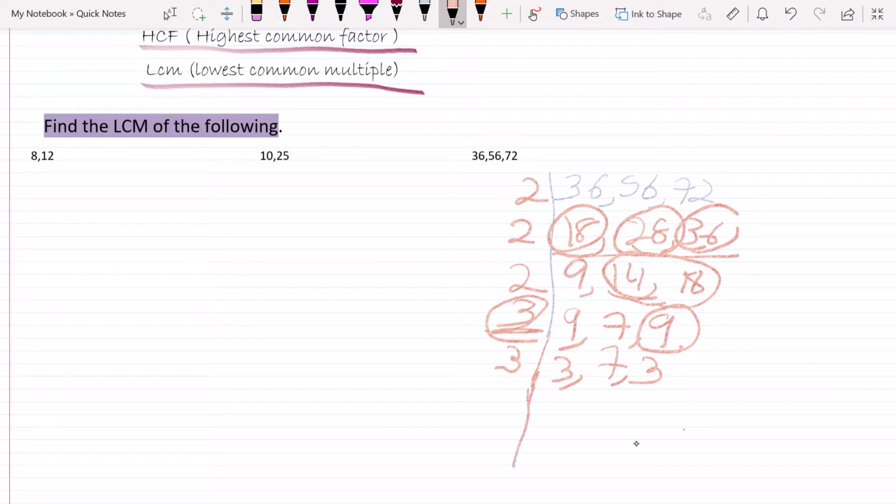Now we'll again divide by 3 to get 1. And here we'll divide by 7 to get all 3 numbers to become 1.